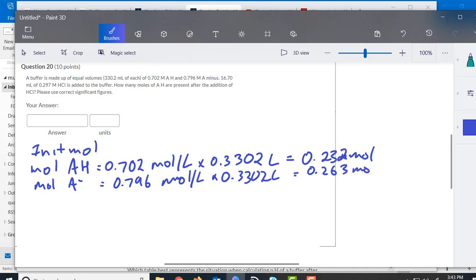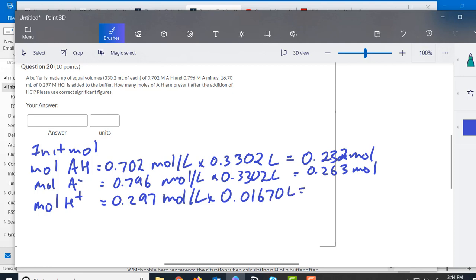Next we do the moles of H+, that comes from the HCl, and that's going to be 0.297 moles per liter, and that's times the volume, which is 0.01670 liters, and that's 0.00496 moles.